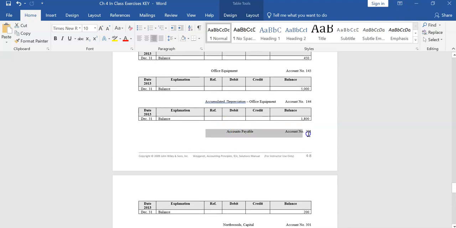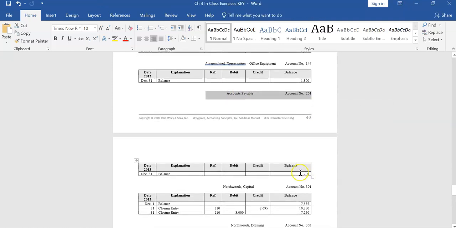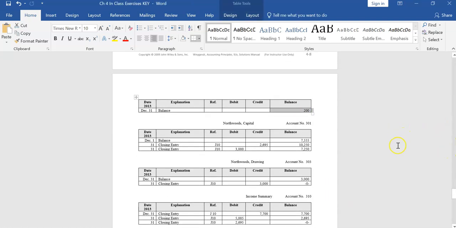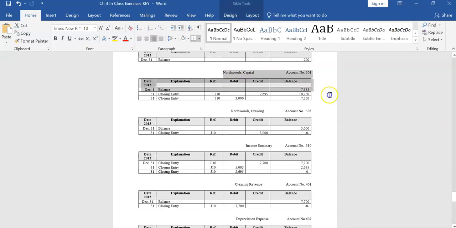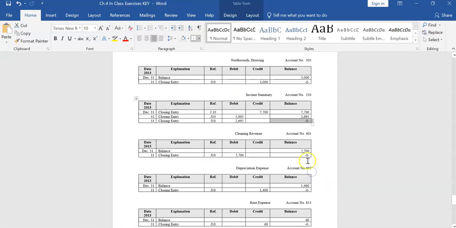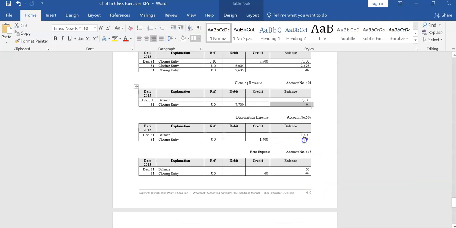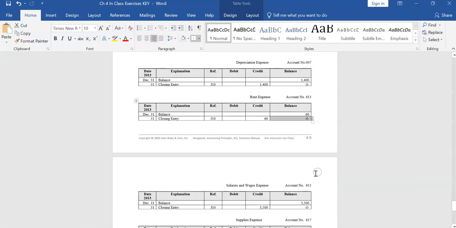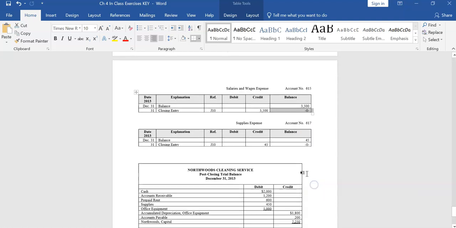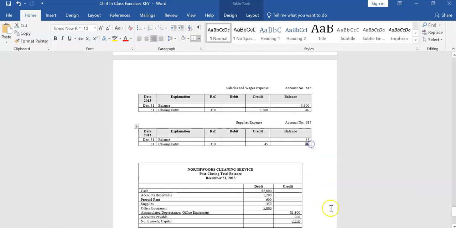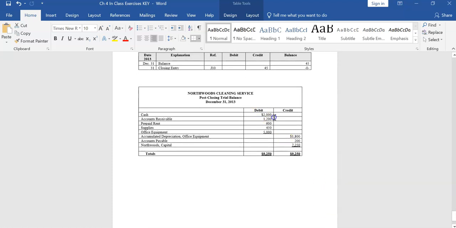Here it is, sorry, I missed it. Accounts payable. So our only accounts with balances are the assets, the liabilities, and the capital account. Drawings account, income summary, revenues, and expense account balances are all zero. Any amounts that have been recorded in them have been transferred to the owner's capital account.